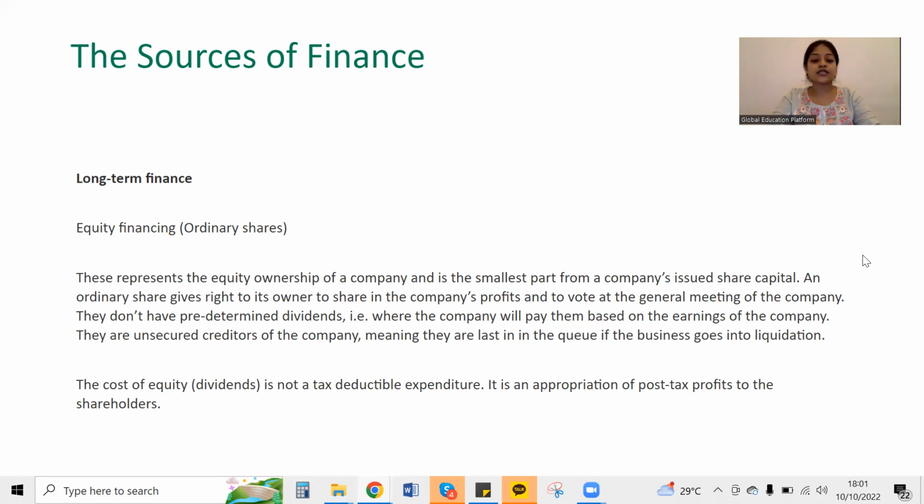They don't have predetermined dividends, that is, the company will pay them based on the earnings of the company. They are unsecured creditors of the company, meaning they are last in the queue if the business goes into liquidation. The cost of equity is not a tax deductible expenditure. It is an appropriation of post-tax profits to the shareholders.